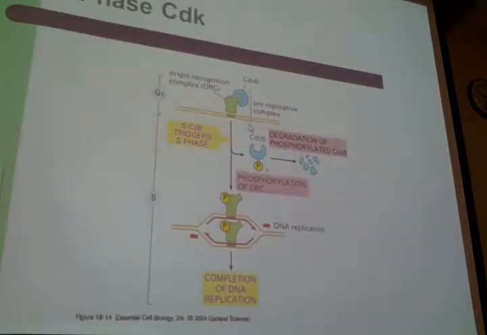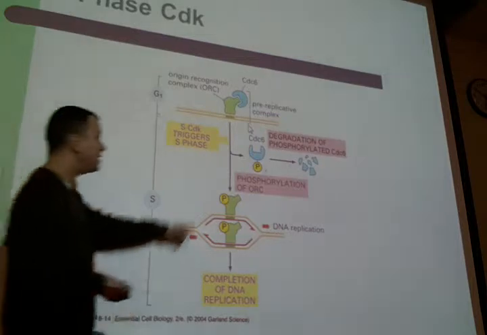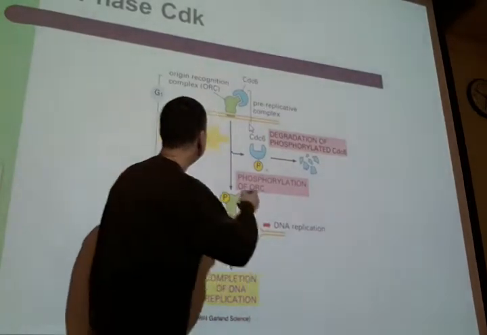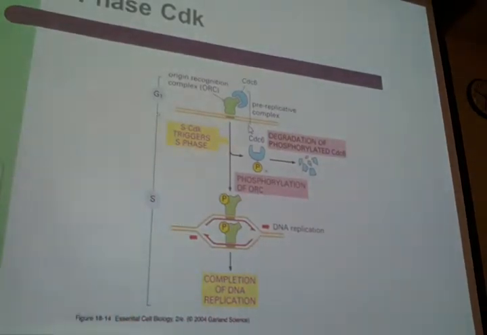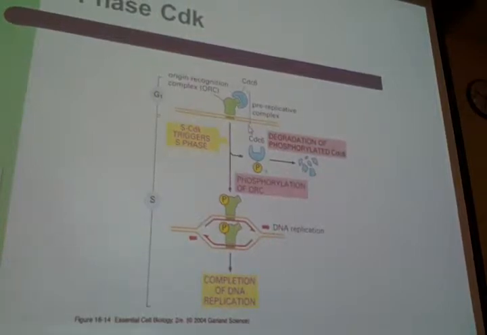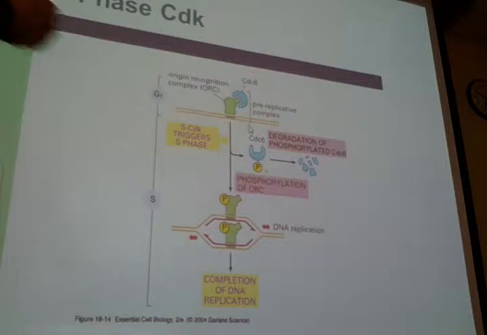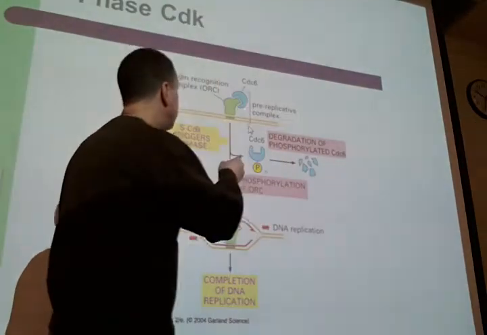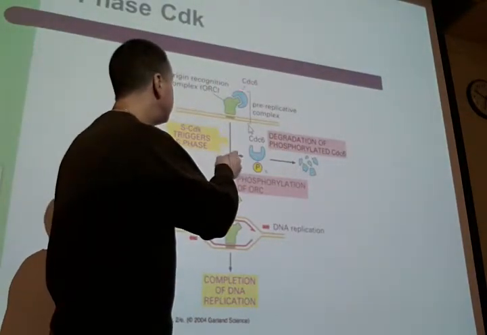Okay, so this is just a little more detail on the G1 cyclin CDK. It turns out that there are proteins already sitting on the origin of replication, but they don't work unless they're turned on. And there are other proteins that control this. This one here is called CDC6.